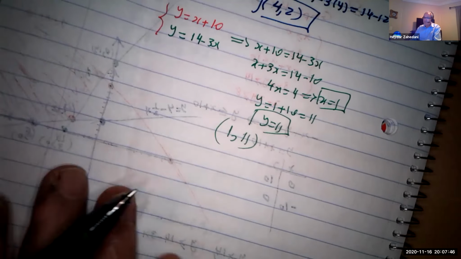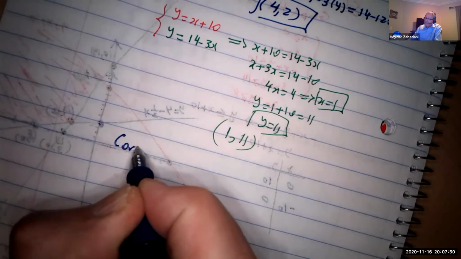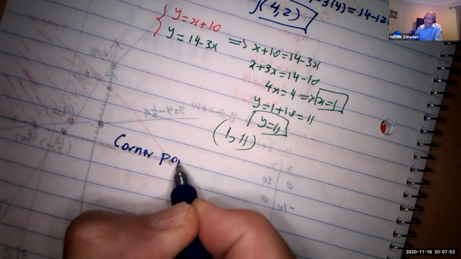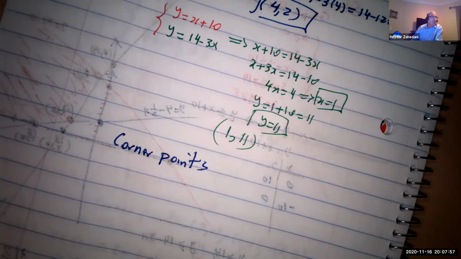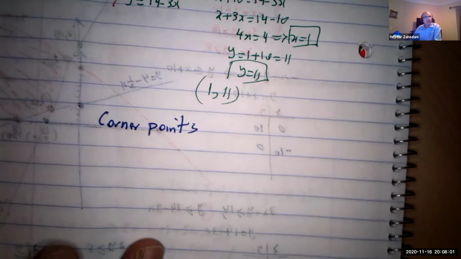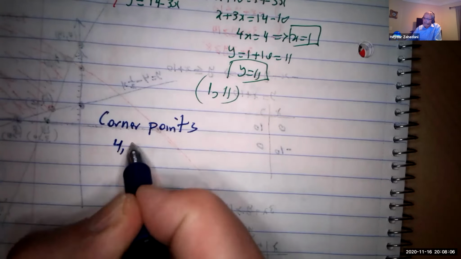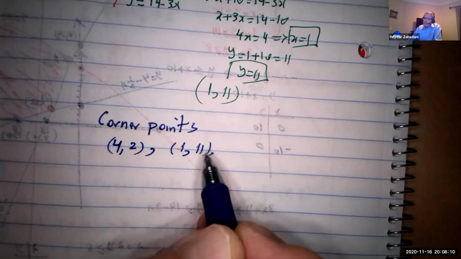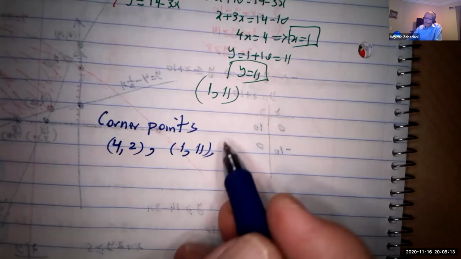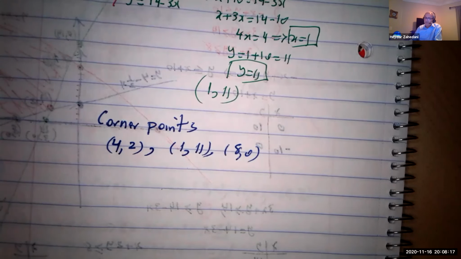You substitute to get the result. So the corner points are 4 and 2, 1 and 11, and 8 and 0. So bring your function.